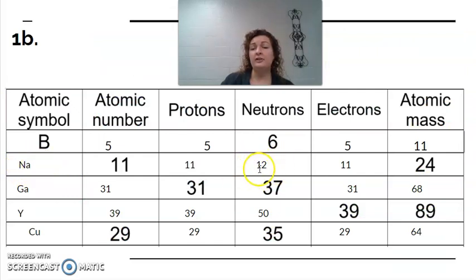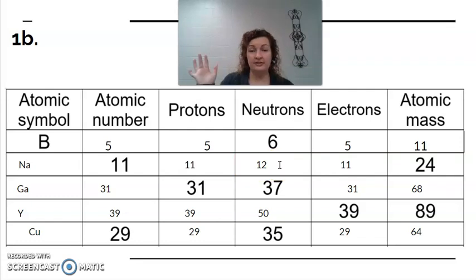Now in order to find my neutrons, I have to do my atomic mass minus my protons. So 24 minus 11 gives me 12. So I have 12 neutrons in this particular atom.